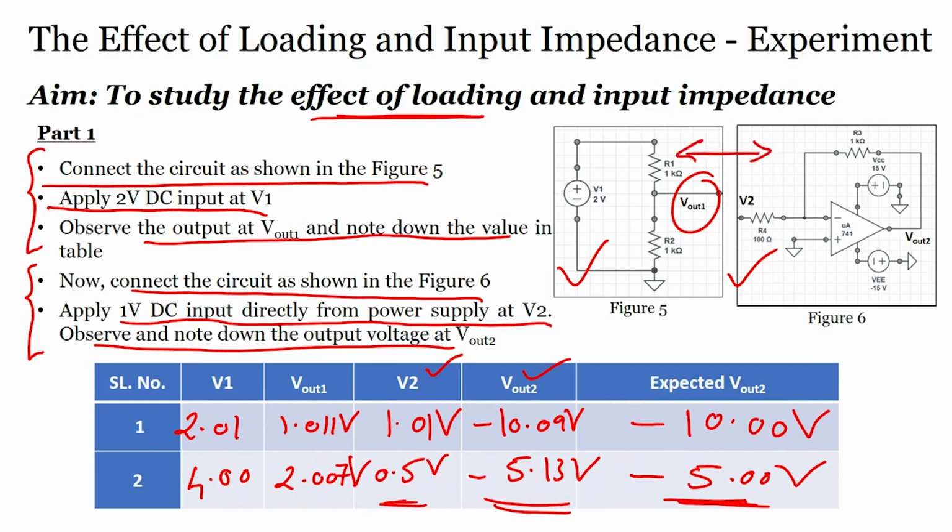Instead of using only the potential divider and inverting amplifier individually, if I integrate both, that means the output of my potential divider is the input of the inverting amplifier, what is the overall effect?